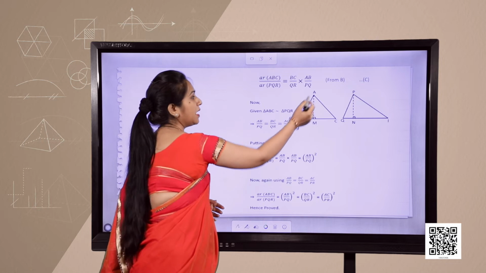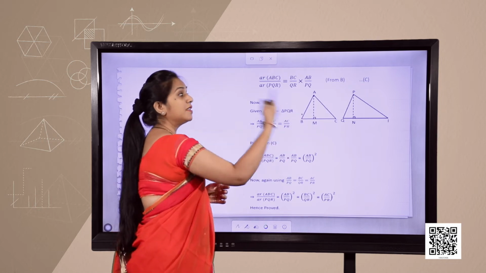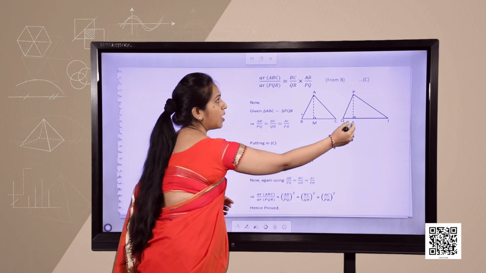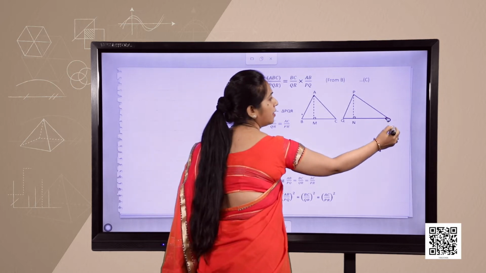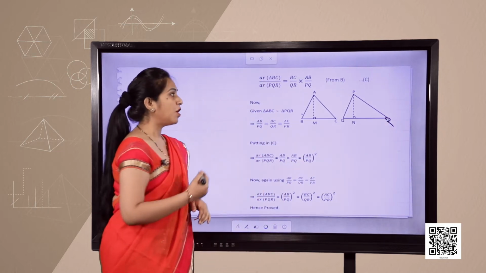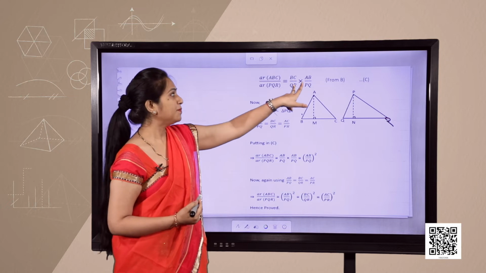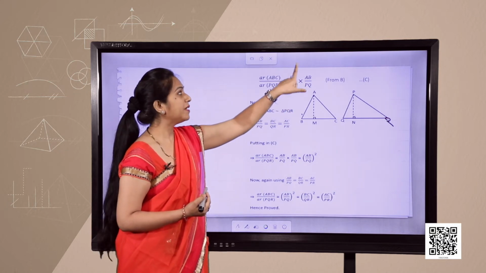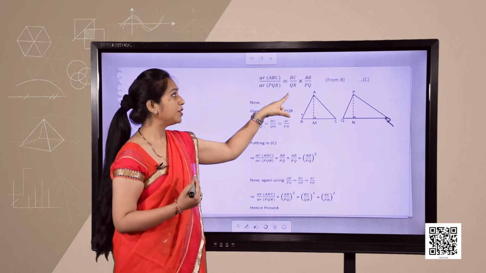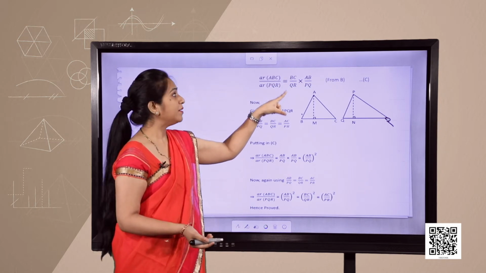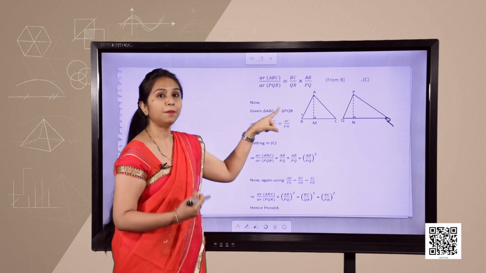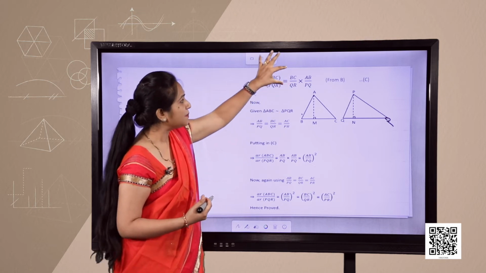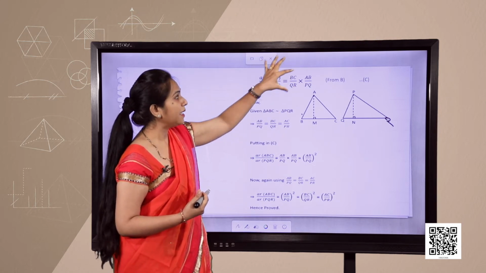In short, this AB upon PQ is equal to BC upon QR, and is equal to AC upon PR. It means both the things are equal. You can rewrite AB by PQ as BC by QR, or you can also write BC by QR as AB by PQ. So, I will replace this BC by QR by AB by PQ.